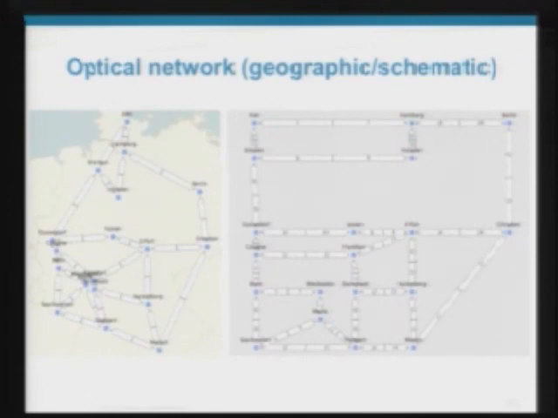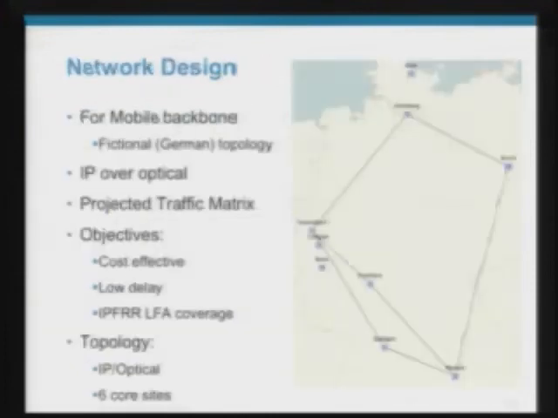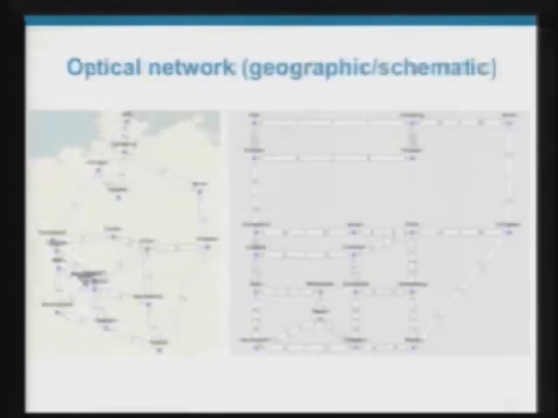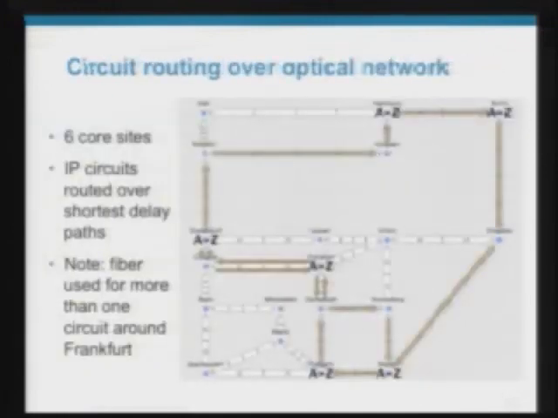What's interesting is that if you were to route these core links that are displayed here over the optical in the shortest delay possible, you will get yourself optical segments that house multiple core links, right? One here between Frankfurt and Cologne, and another one between Frankfurt and Darmstadt.